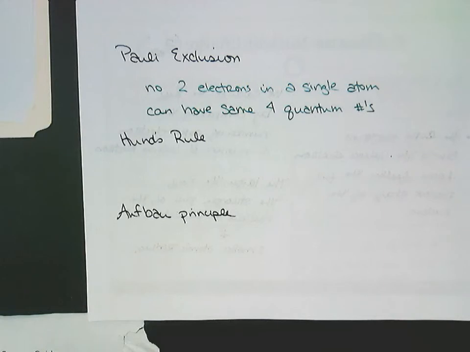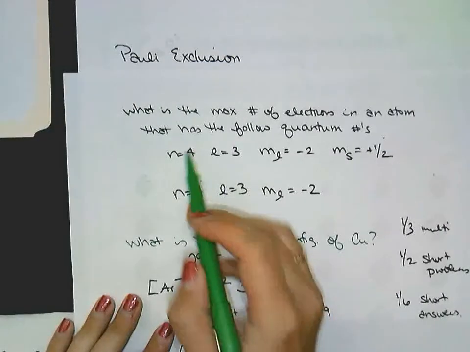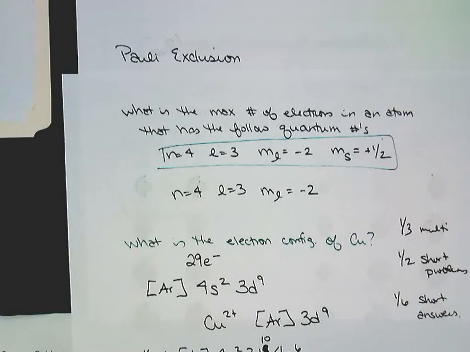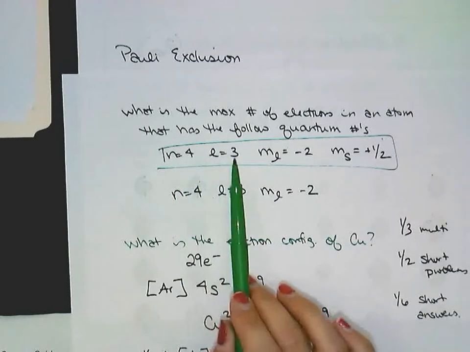Does that mean you can't have n of 4 and l of 4? What does it mean by the same four quantum numbers? So this is a set of four quantum numbers that no other electron in that atom can have, because this one's been spoken for. That's a set of four quantum numbers, n, l, m sub l, and m sub s, that refer to a unique electron.